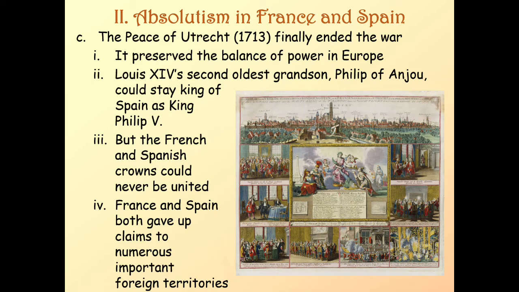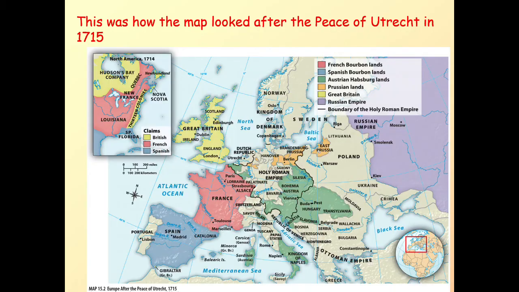The Peace of Utrecht in 1713 finally ended the war, and it preserved the balance of power in Europe. Louis XIV's second oldest grandson, Philip of Anjou, would stay on as King of Spain and become Philip V. But the French and Spanish crowns could never be united according to this treaty, and France and Spain both gave up claims to numerous important foreign territories.